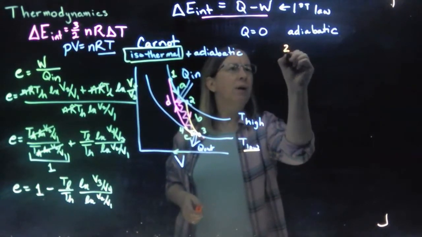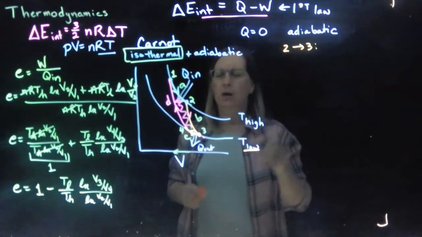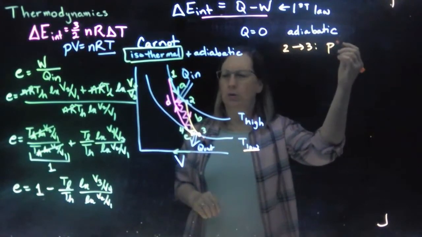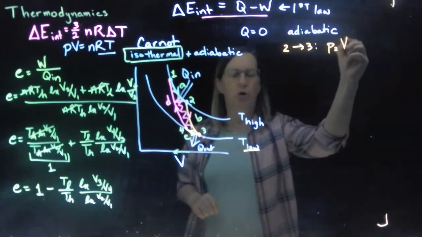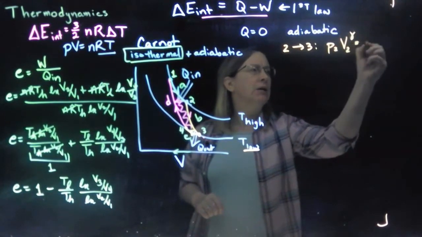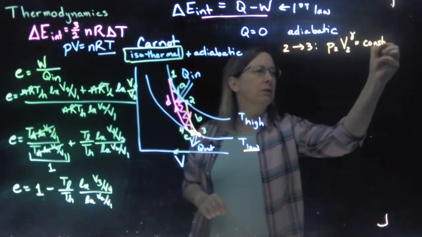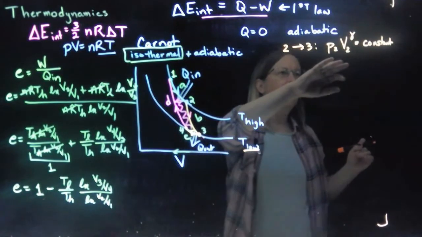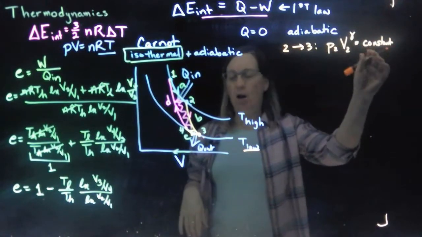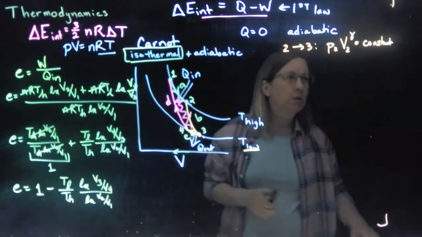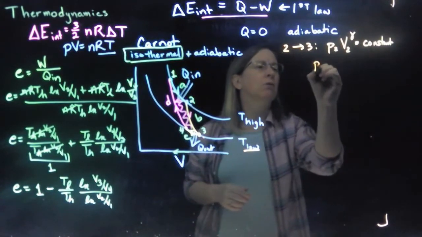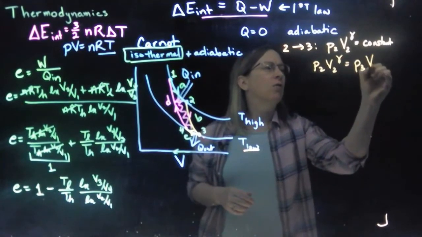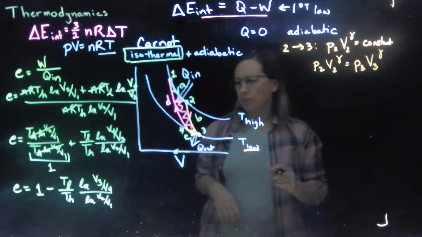For the adiabatic process from 2 to 3, what's true is that pressure 2 times volume 2 to the gamma is equal to a constant, and that constant is also pressure 3 times volume 3 to the gamma: P2 V2 to the gamma equals P3 V3 to the gamma.